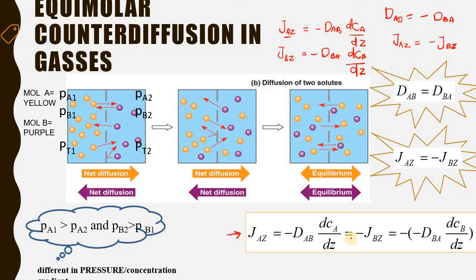To get the flux for B, you put a negative on JAZ and you get the positive DBA dCB over dZ. This is very straightforward.